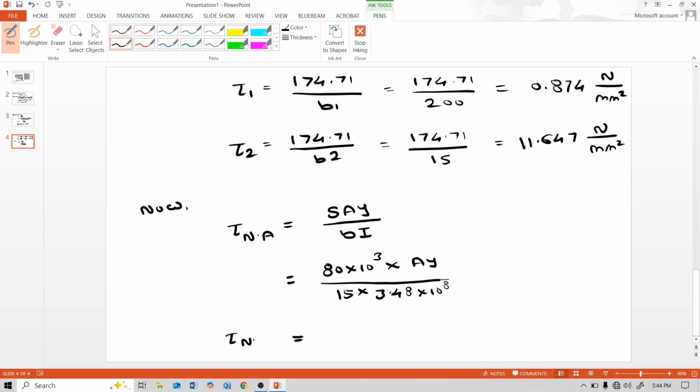So tau at neutral axis is equal to 80 into 10 raised to 3 divided by 15 into 3.48 multiplied by 10 raised to 8, which is 1.5532 into 10 raised to minus 5, multiplied by AY.